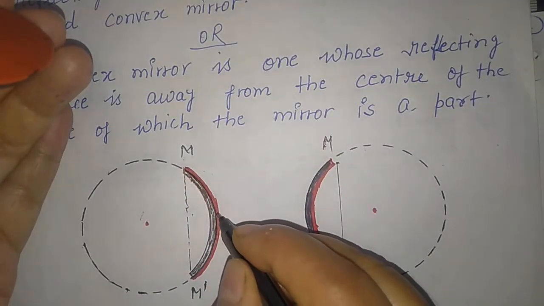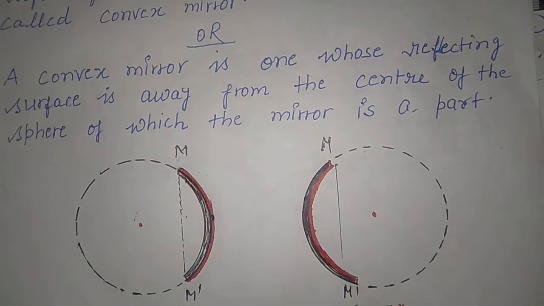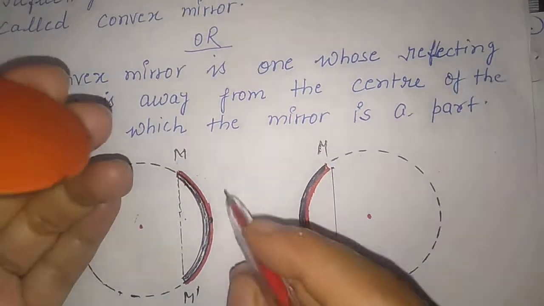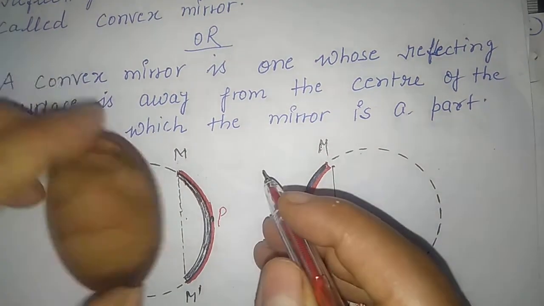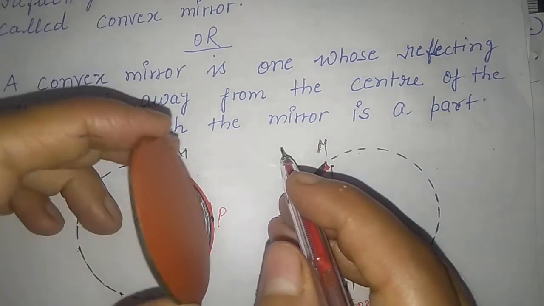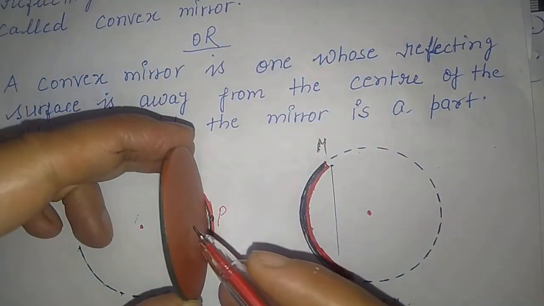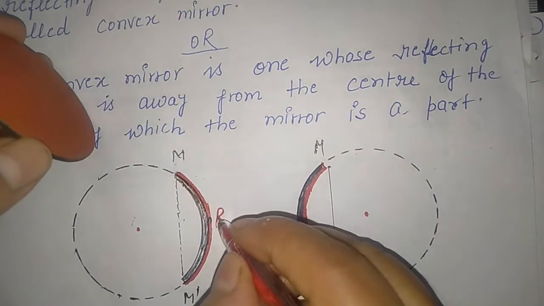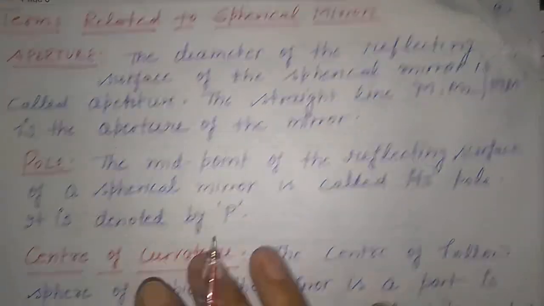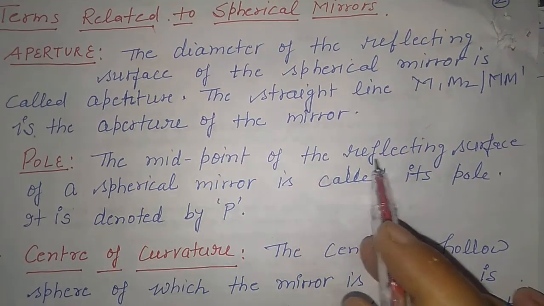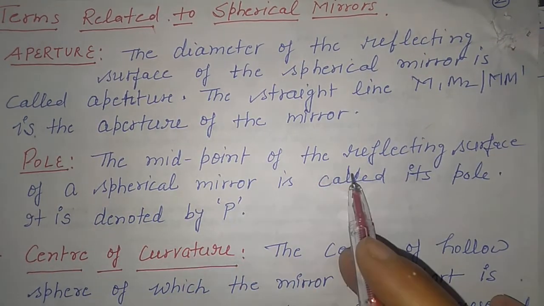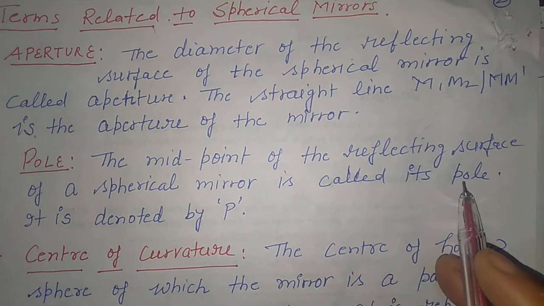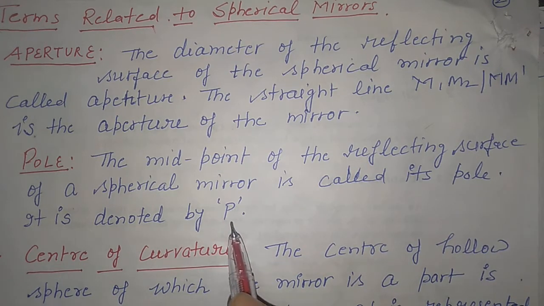This is not like this; it is standing like this, and we are taking an imaginary point. So this is the P point. This is the pole, the center of the mirror. The midpoint of the reflecting surface of a spherical mirror is called its pole, and it is denoted by the letter P.